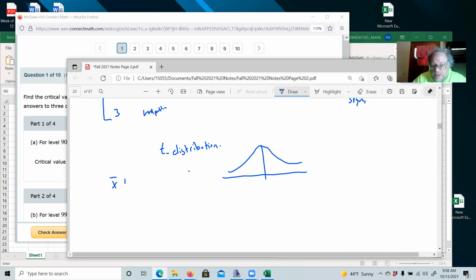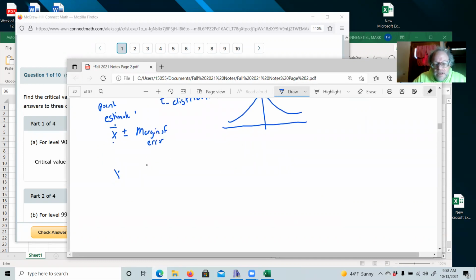It's x bar plus or minus, excuse me, there's a margin of error, right? It's the point estimate plus or minus. So point estimate is the mean, plus or minus a margin of error. And it's going to look very similar.